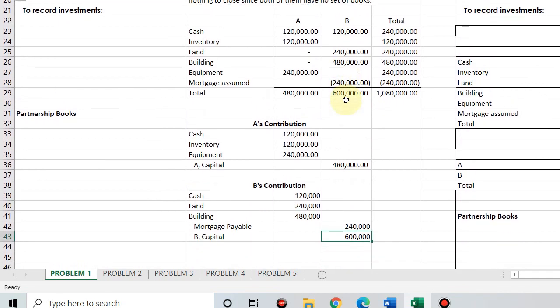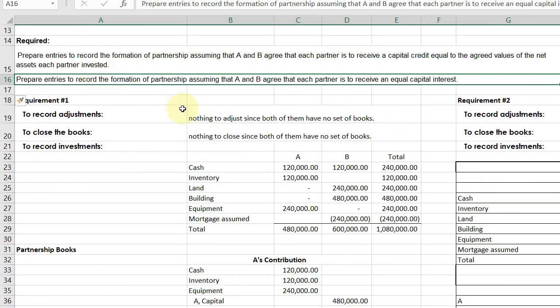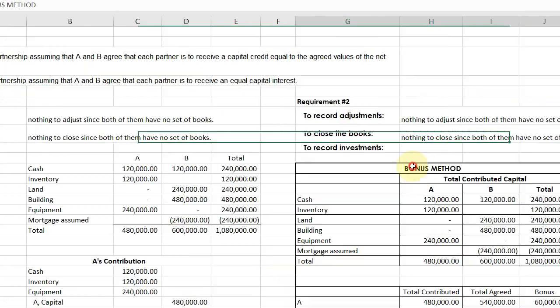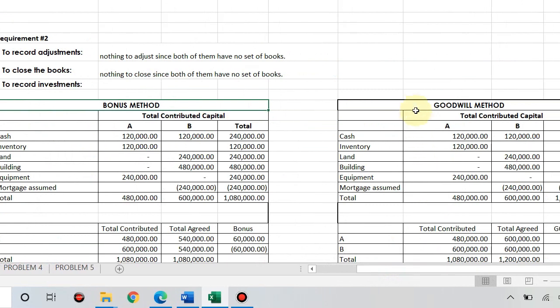Now let's go to the second requirement. Prepare entries to record the formation of the partnership, assuming that A and B agree that each partner is to receive an equal capital interest. It was not stated which method to use, whether the bonus method or the goodwill method. Okay? Here is the difference between the bonus method and the goodwill method.